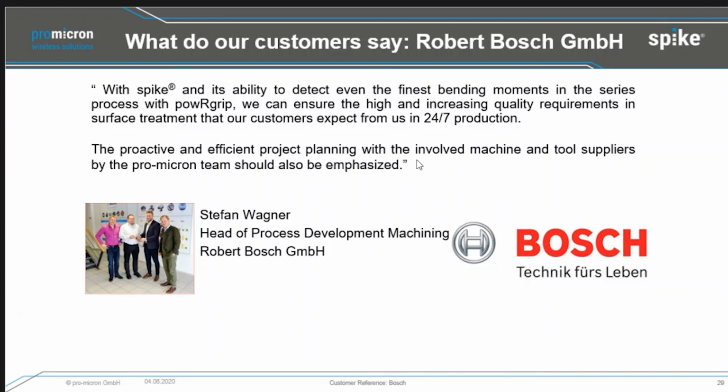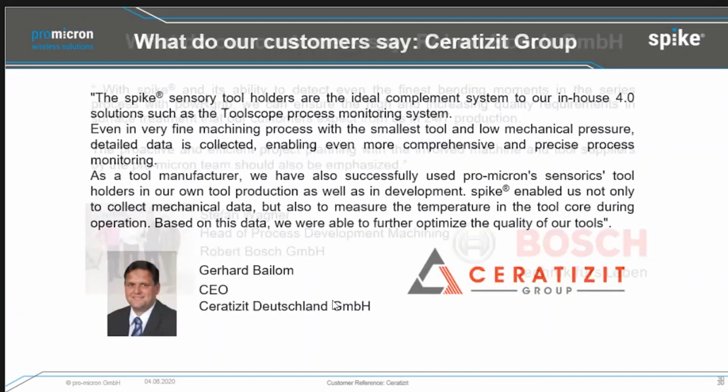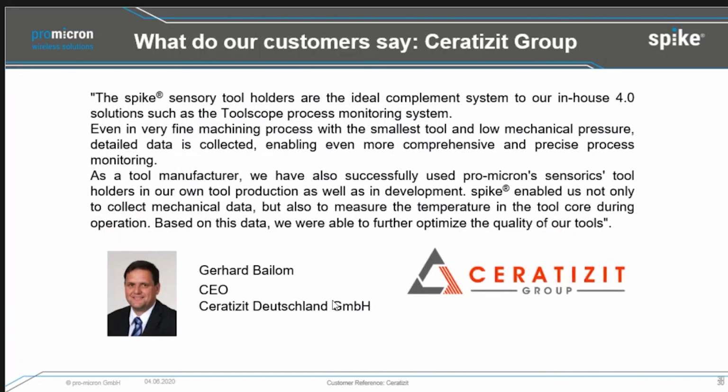The proactive and efficient project planning with the involved machine and tool suppliers by the pro-micron team should also be emphasized. Stefan Wagner, head of process development machining at Bosch, said this about our monitoring solution.